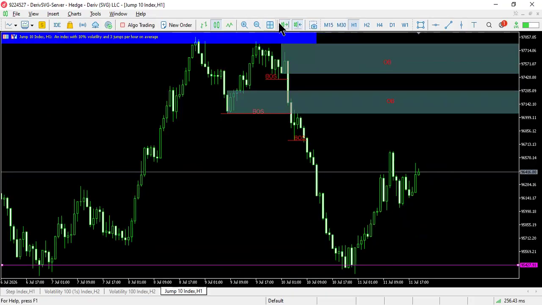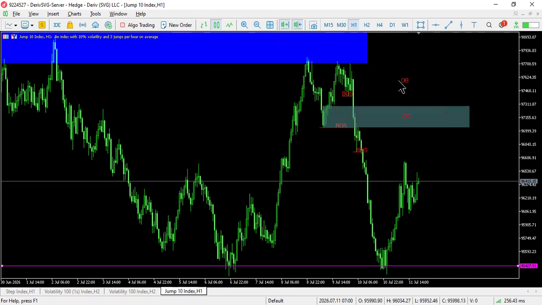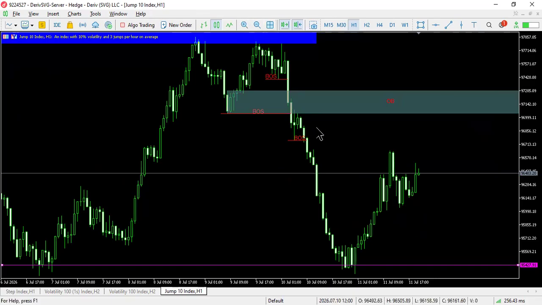Therefore, I'm going to be positioning at this first order block because I see we have liquidity at this level, which was caused by that break of structure.